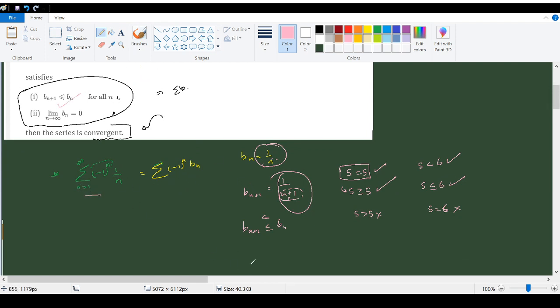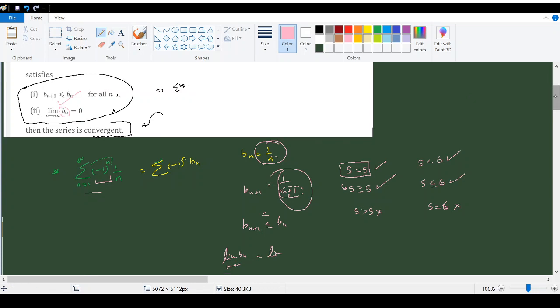And how about the other one? Is this true: limit of bn as n goes to infinity? Here when you are taking the limit, we are not considering the -1 to the power n term. We are only taking the bn terms.